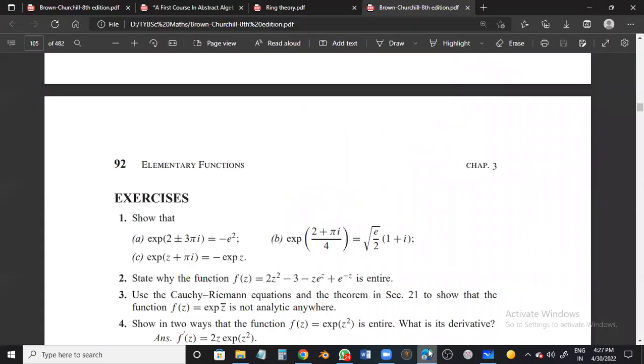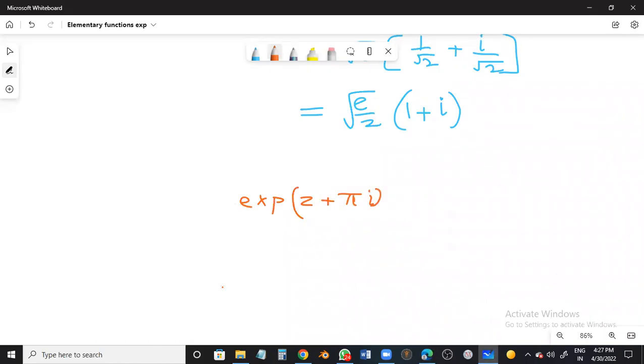So what does this mean? Either you start with z as x plus iy and then continue, or otherwise you treat z as one complex number, pi i as second complex number and continue. So I would like to go with z plus pi i in the index. I hope you agree. And we have seen the laws of indices.